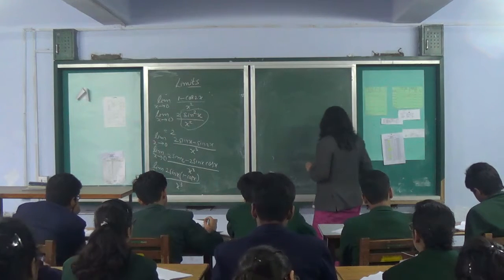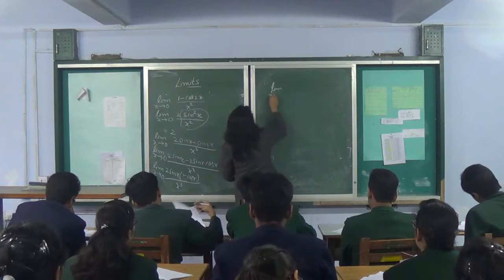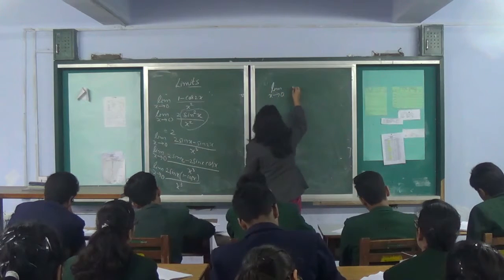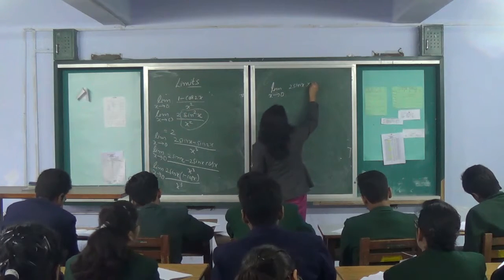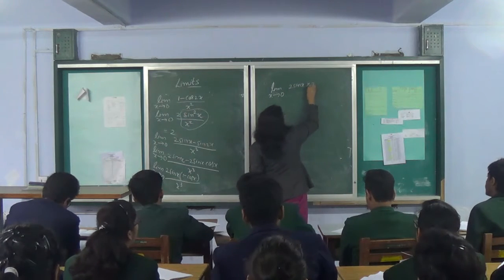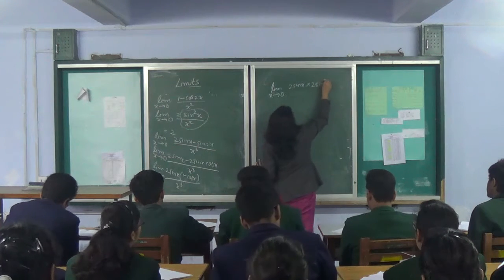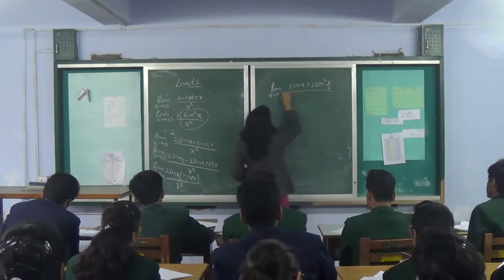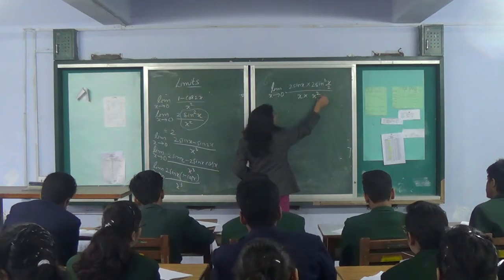So what you have over here is limit x tending to 0, 2 sin x. What can I write 1 minus cos x as? 2 sin square x by 2 upon x cube. So write x cube as x into x square.